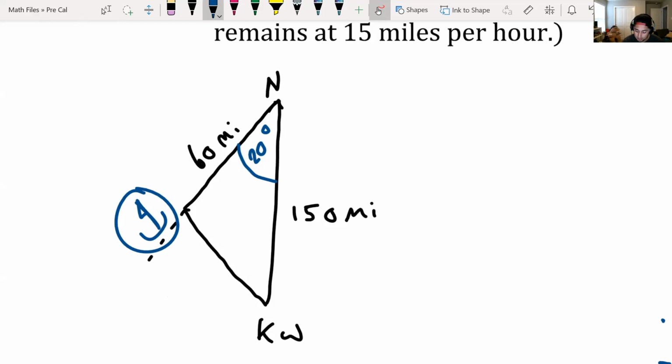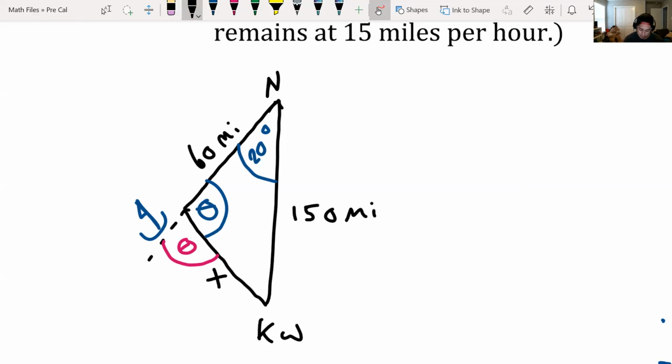What angle should we turn at? So we are looking for this value of theta. That's going to be our first step. And then after we get back on course, we're going to need to know how far we are from Key West still. Okay, so this is everything that we're looking for.